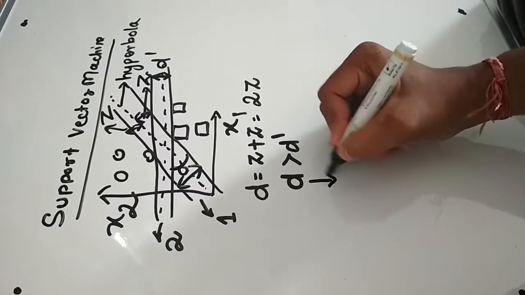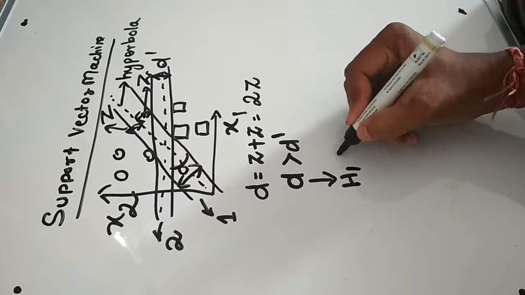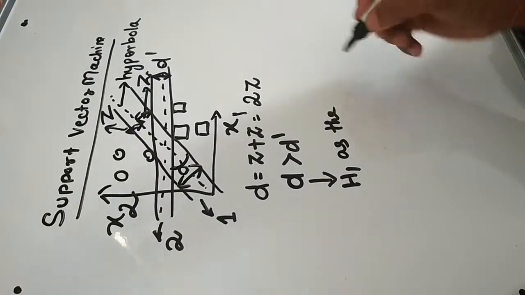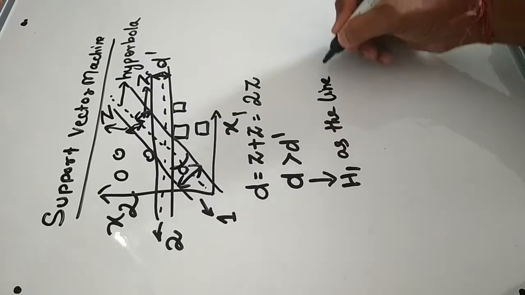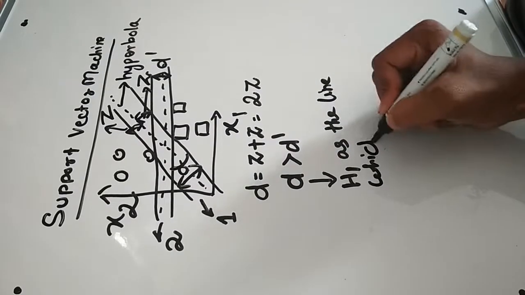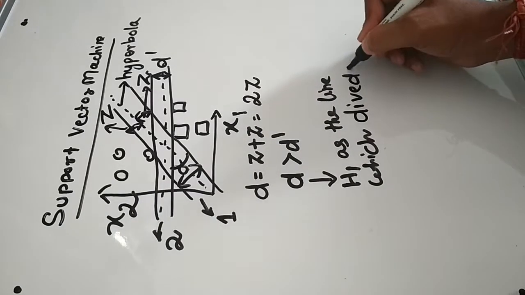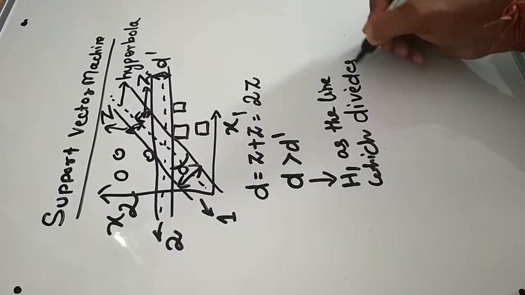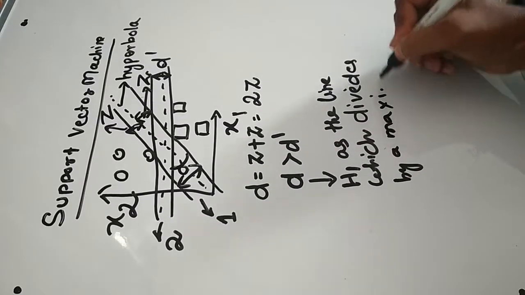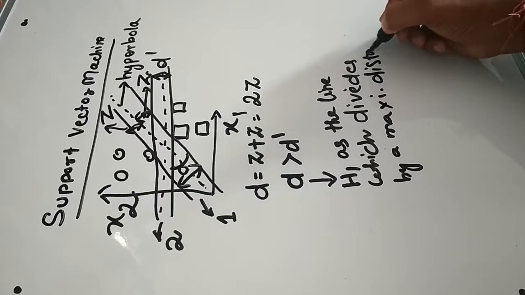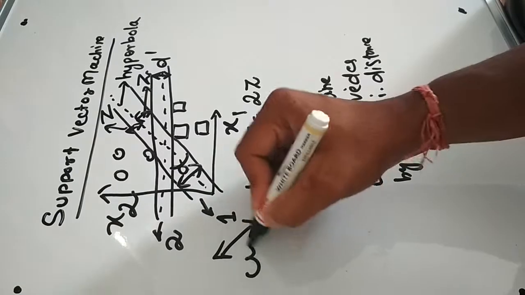So we will select this hyperplane h1 as the line which divides by a maximum distance. This is the width.